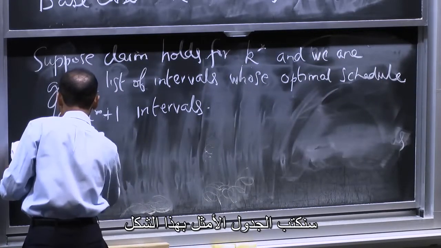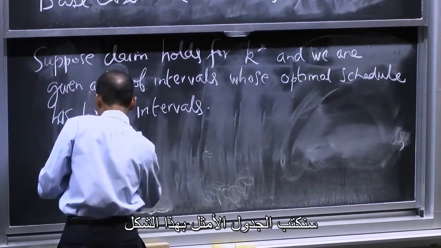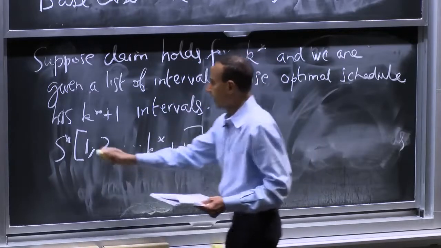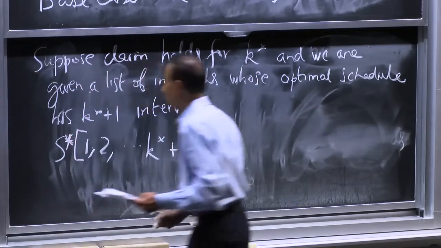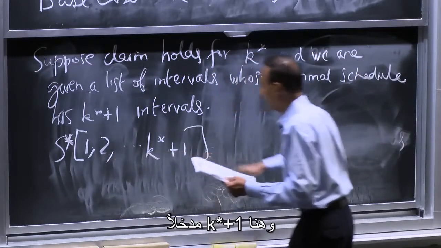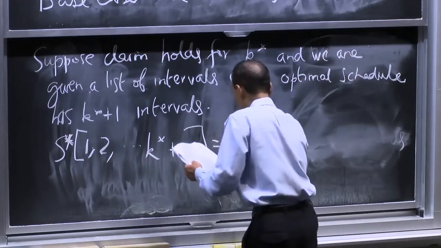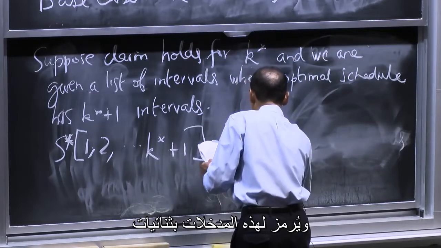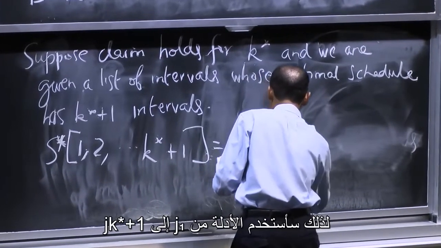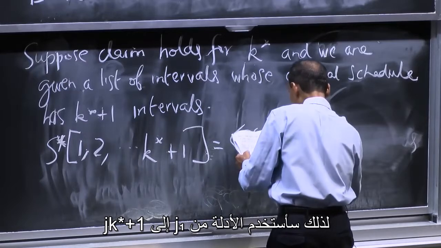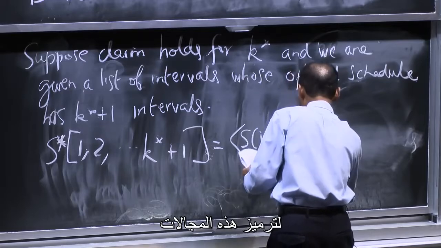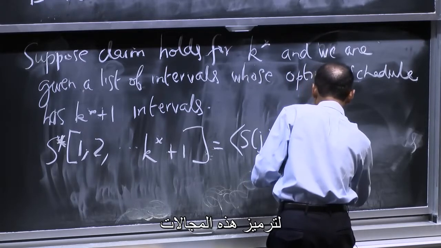So our optimal schedule we're going to write out as S star. Usually we use star for optimal in 046, and it's got k star plus 1 entries, and those entries look like S F pairs. I'm going to be using the subscript j1 through j k star plus 1 to denote these intervals.